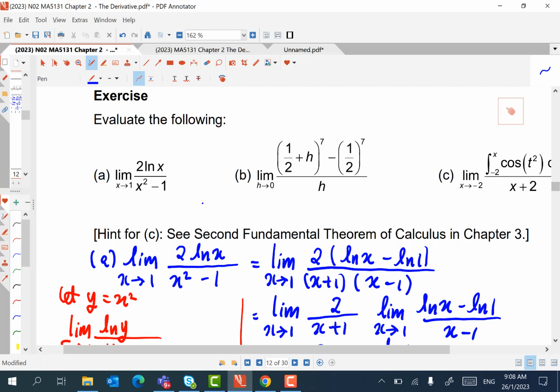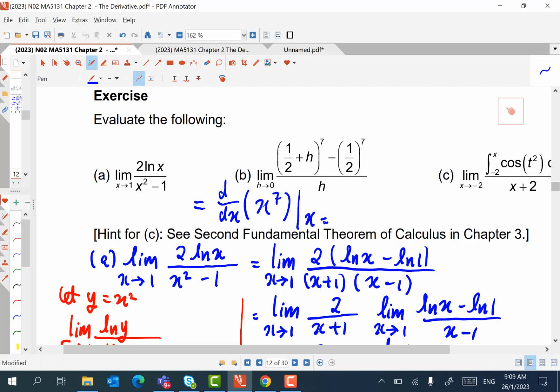Okay. So for part B, how do you do part B? You must relate part B to a derivative. What will it be? It will be the differentiation of x to the 7 evaluated at x.